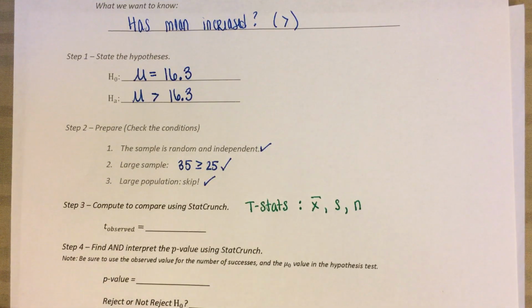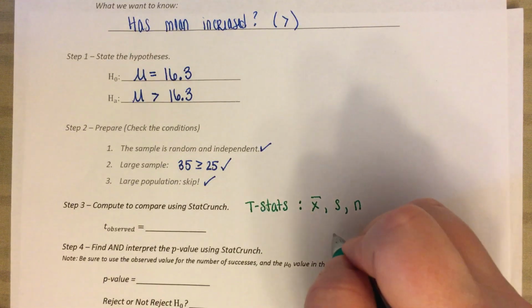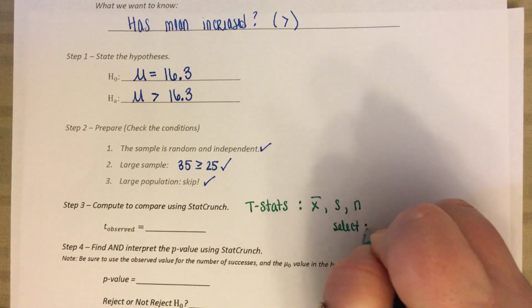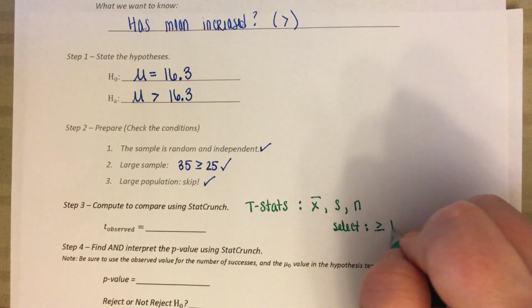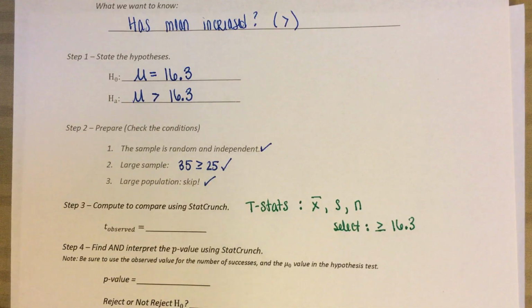The other thing we want to make sure we enter is that we select our sign appropriately. What we are testing is that we want to make sure we select the greater than sign, and that we put this mu naught value of 16.3 in there in our set of hypotheses as well. We want to make sure that those are being selected correctly.